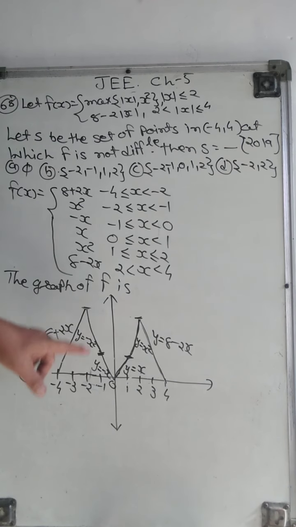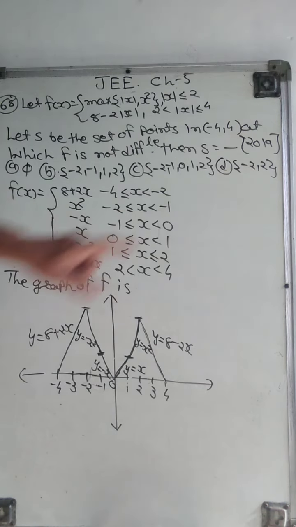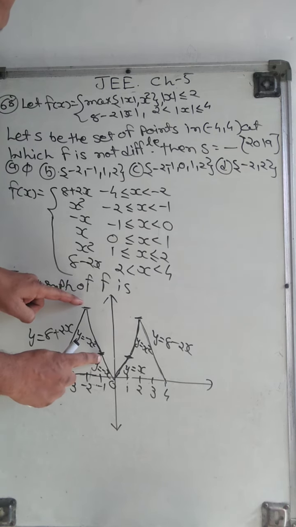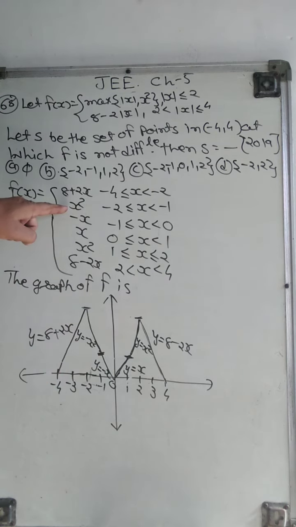Then the next one is from minus 2 to minus 1. This is minus 2 and this is minus 1. So this graph is y equal to x square, not minus x square but x square, right?